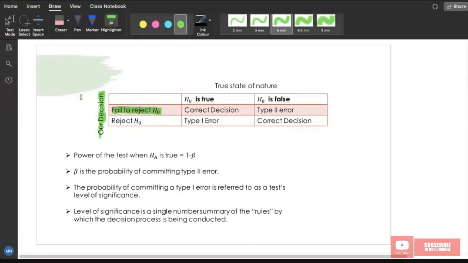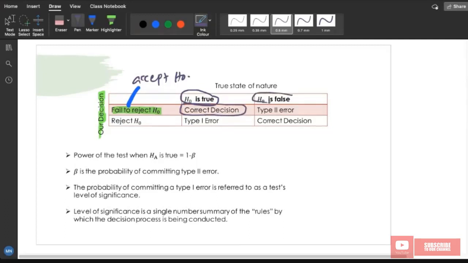So this is our decision when we fail to reject the null hypothesis, or we accept the null hypothesis, right? And the state of nature is when the null hypothesis is true, so we're making a correct decision. When the null hypothesis is false and we accept the null hypothesis, we are committing type 2 error.